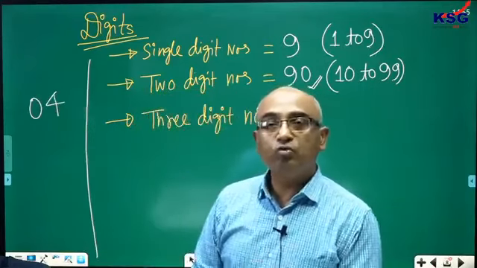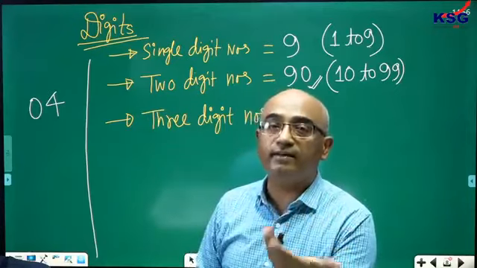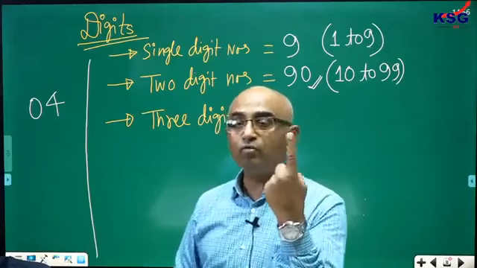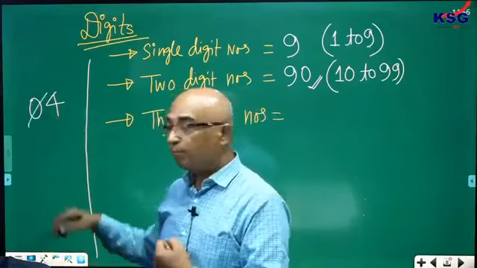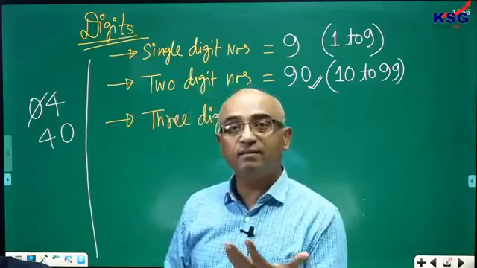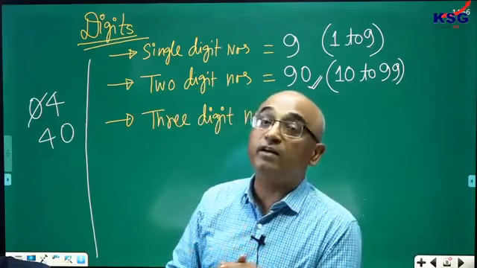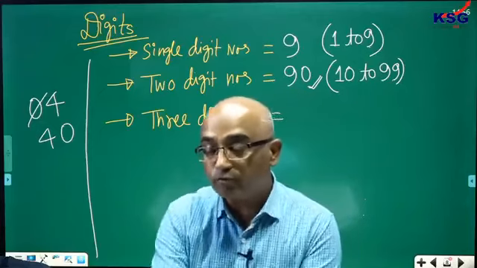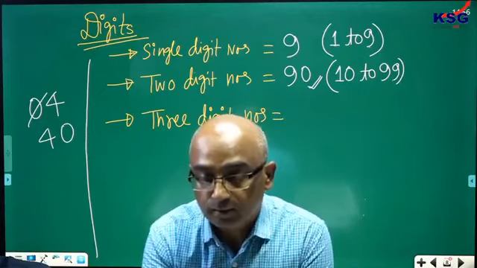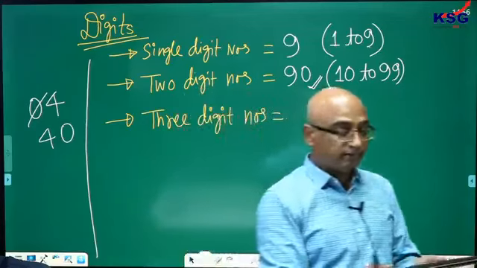No. If a number starts with 0, then 0 is not counted as a digit. 04 means only a single digit number. Here 0 has no sense. But once you write 40, 4 and 0, 0 has sense. So this is the reason that a single digit number cannot start with 0. So remember, students, in maths there are a total of 10 digits.